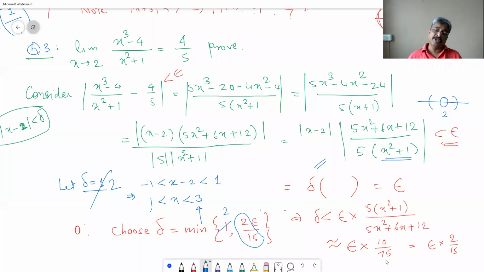And 10 upon 75 is going to be a safe value for delta equal to 1. So either you choose delta equal to 1 or epsilon into 10 by 75, whichever is minimum you choose and go ahead, you will get the desired epsilon. That is the idea of writing these kind of proofs. Tell me if you have any doubt.